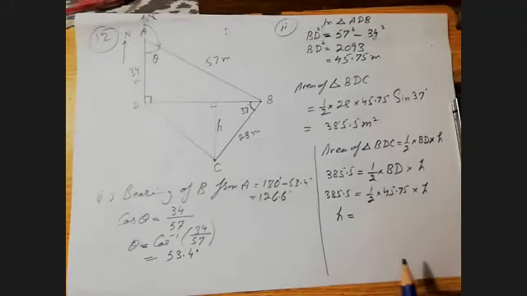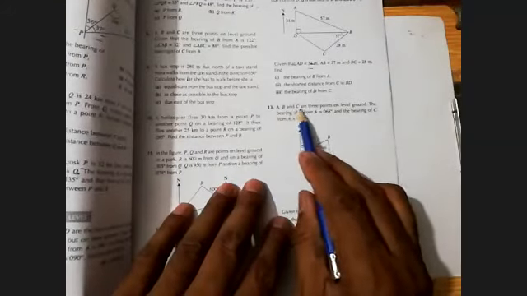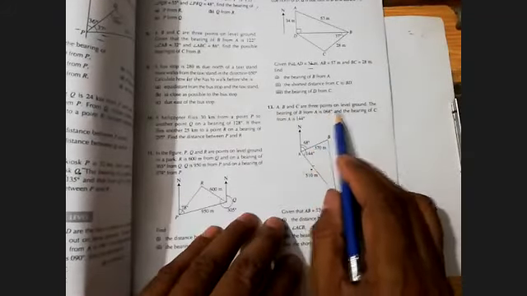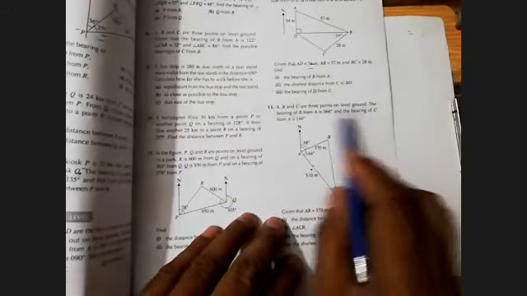Now, the next question which I am going to solve is question number 13. In this question, A, B, C are 3 points on level ground. The bearing of B from A is 68 degrees, and the bearing of C from A is 144 degrees. These two bearings are given.